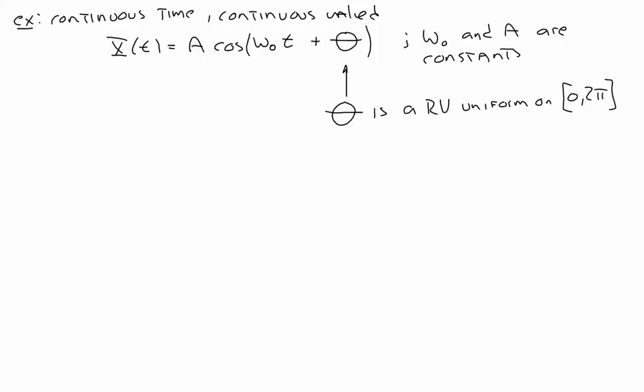This is a very important random process for us. We're going to examine this particular random process a multitude of times throughout the rest of the semester. So really what my random process here is, is a sinusoid with a random phase. Phase noise.